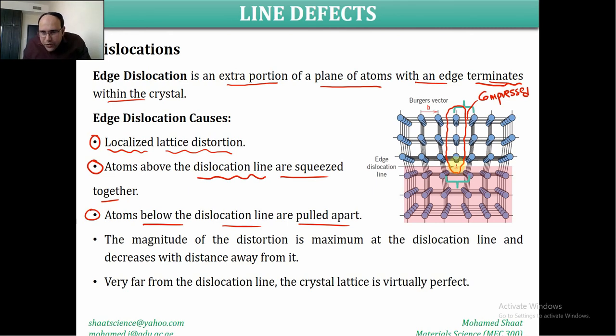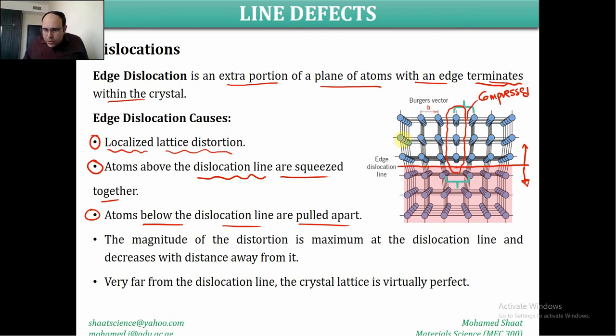This little red thing is known as a dislocation line, and we're going to discuss this. Next to this line we can divide this crystal into two parts: one part above the dislocation line, and another part below the dislocation line.